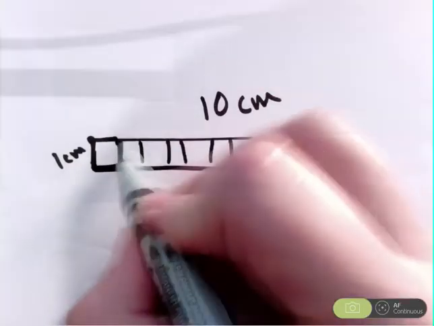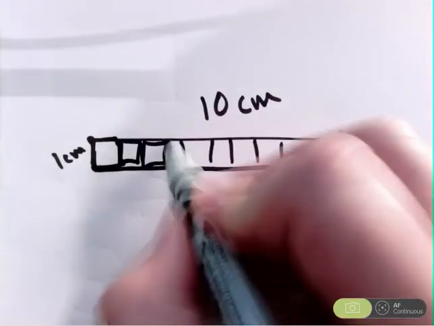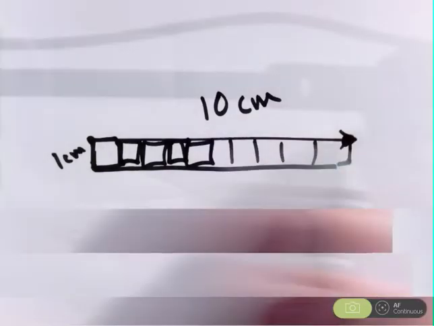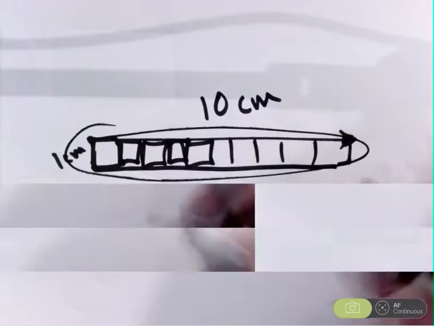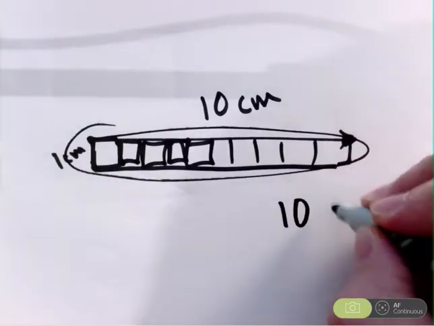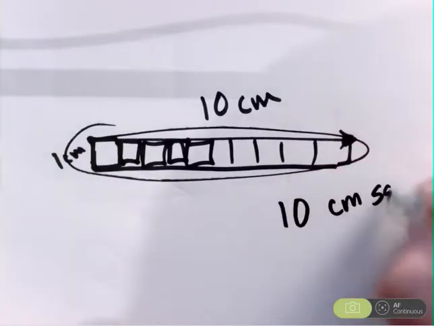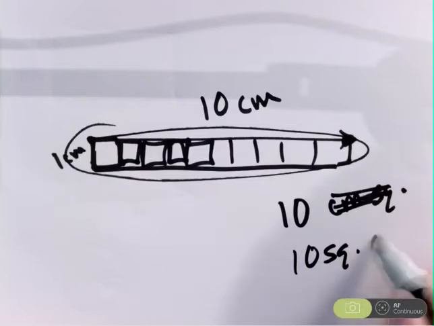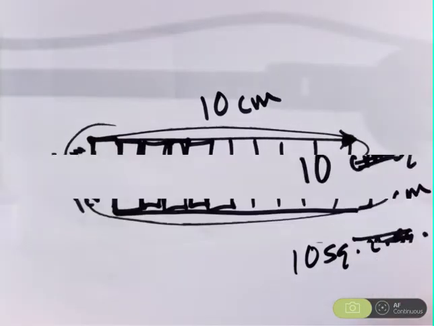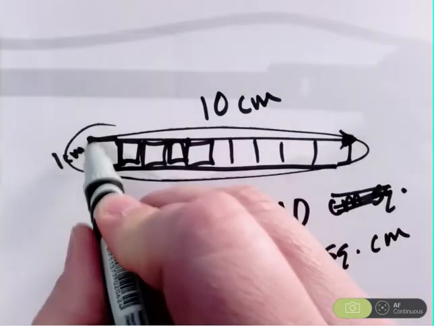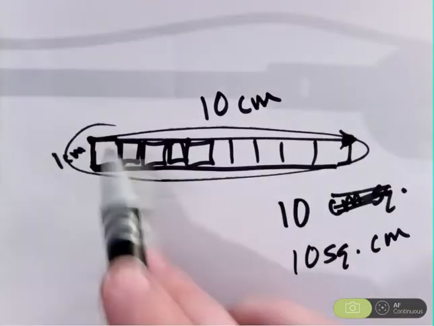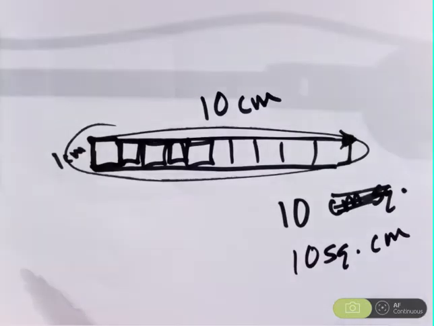So there's 1, 2, 3, 4, 5, and so on until we get 10 of them. That means this little bar is going to be 10 square centimeters. A square centimeter is 1 centimeter by 1 centimeter square on all sides. A centimeter only measures one dimension. Okay?